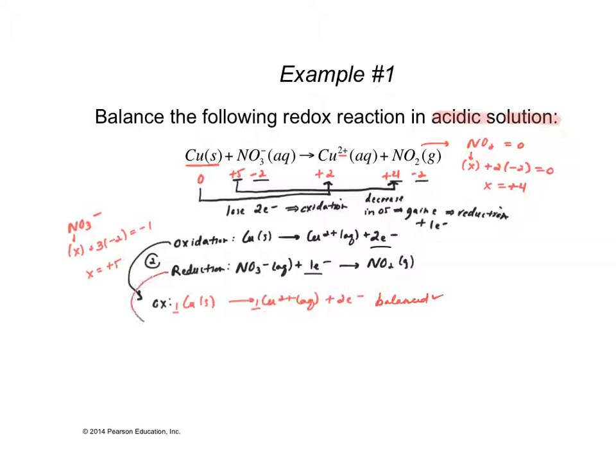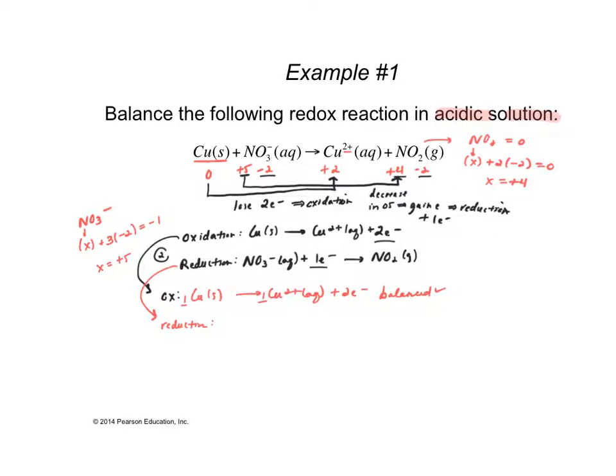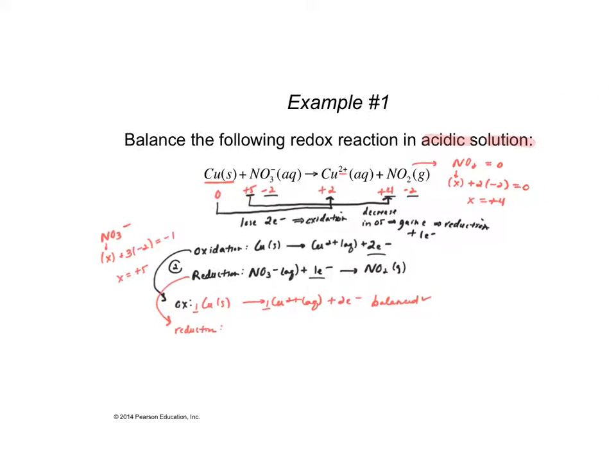Now we'll go to the reduction half reaction. So for the reduction, we've got NO3 minus plus 1 electron going to make NO2 gas. So now we're going to first start by balancing everything but oxygen or hydrogen.